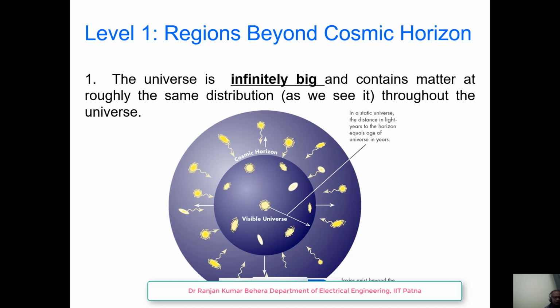If you see, this is a simple static universe, and this is the cosmic horizon, and this is the visible universe, and beyond this visible universe there is a cosmic horizon. And this is also very, a high-level telescope is required to observe those types of things.